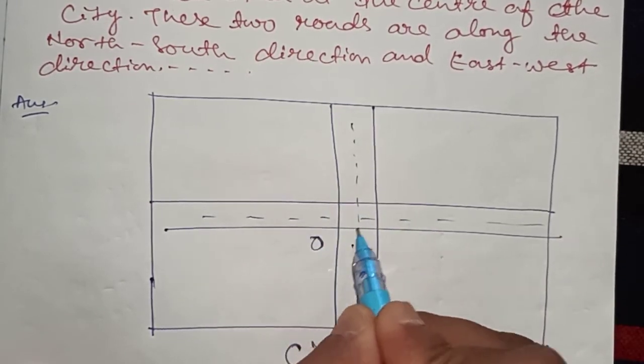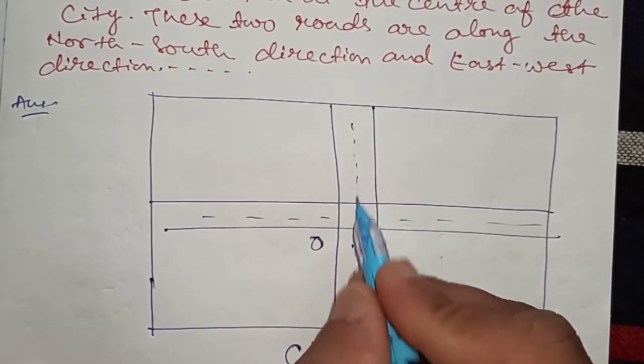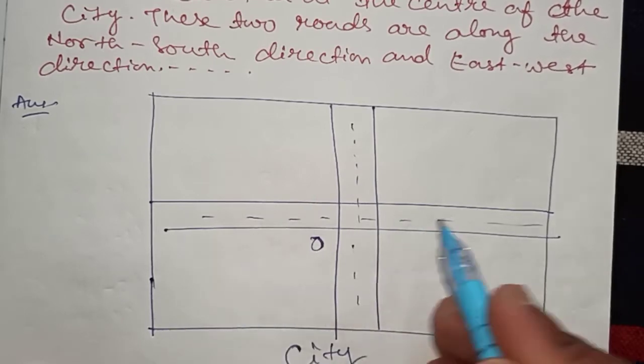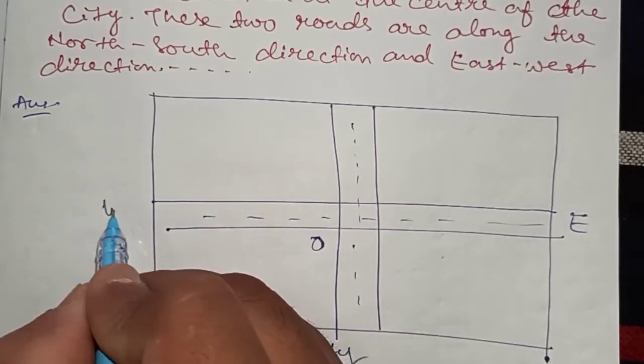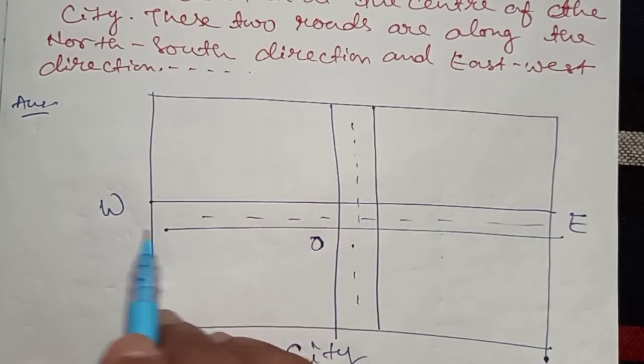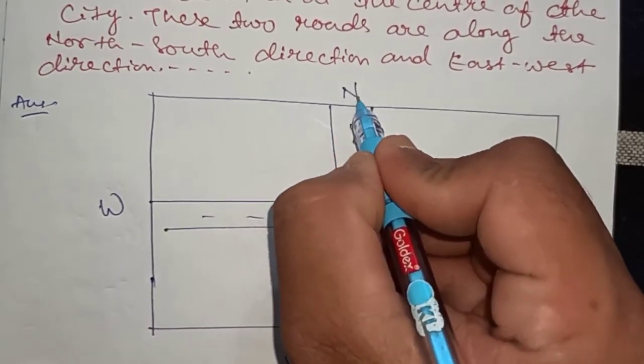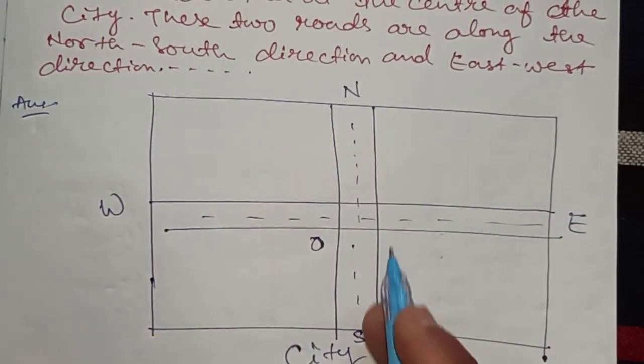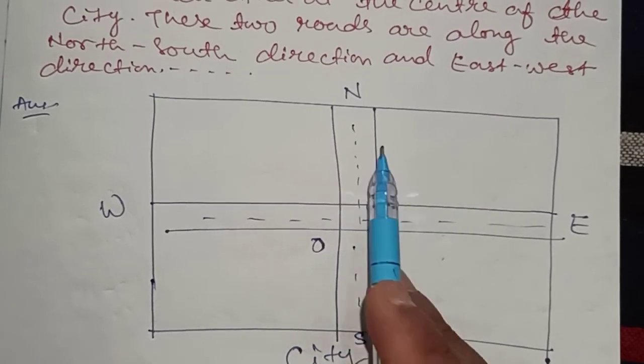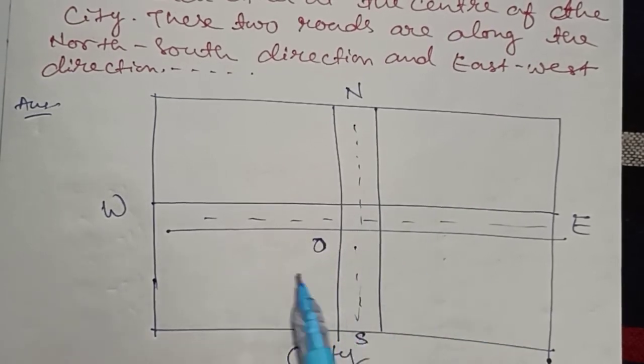That means this is the origin. This side is always east, this is west, upside is north, downwards it is south, and they cross each other in the north-south and east-west directions.